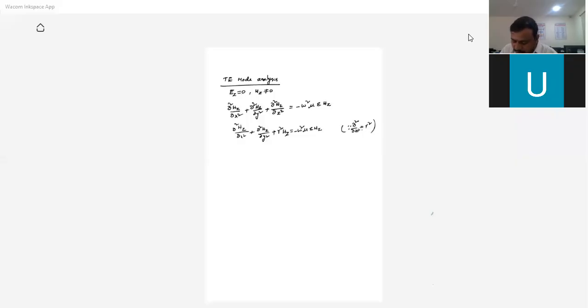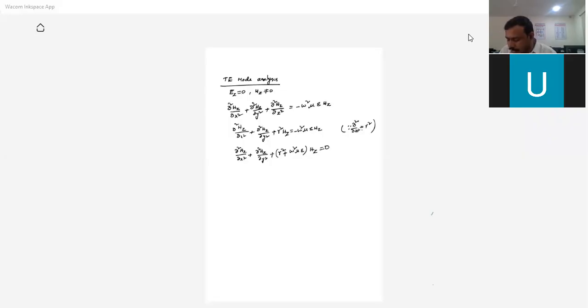So from this equation you can write del square Hz by del x square plus del square Hz by del y square plus, taking this from the right hand side to the left hand side and taking Hz common, gamma square plus omega square mu epsilon into Hz, that is equal to 0.